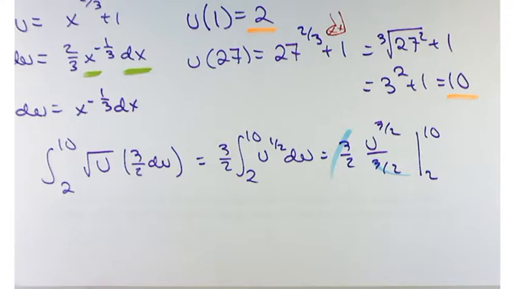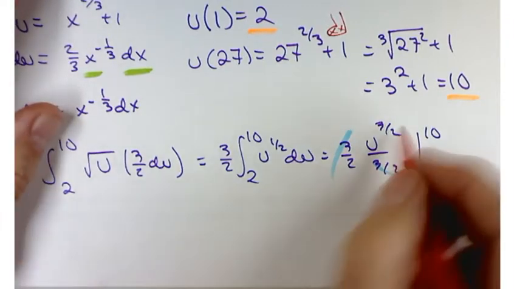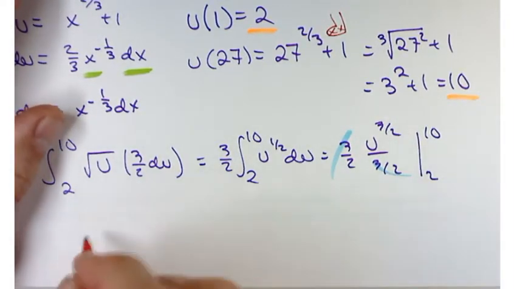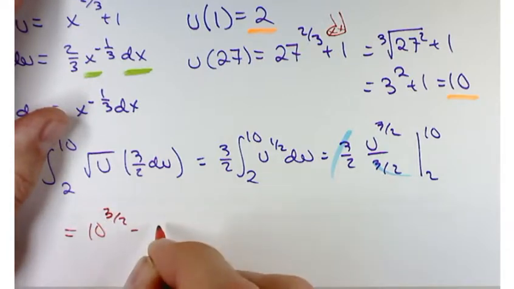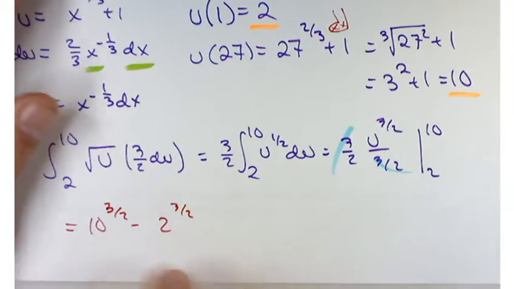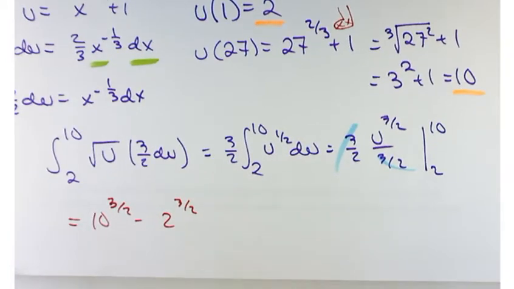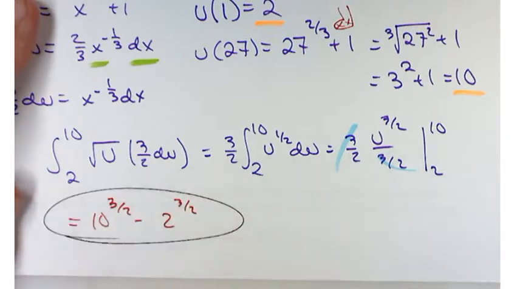So it's just this last part here. It's going to be 10 to the 3/2 minus 2 to the 3/2. And you might be able to cleverly figure out something to do there, but you know what? I'm not really interested in that. This is a good final answer for me. It's a nice exact or closed expression.